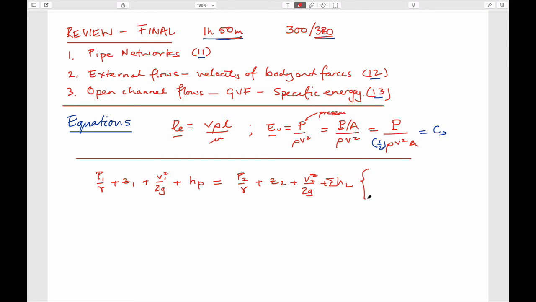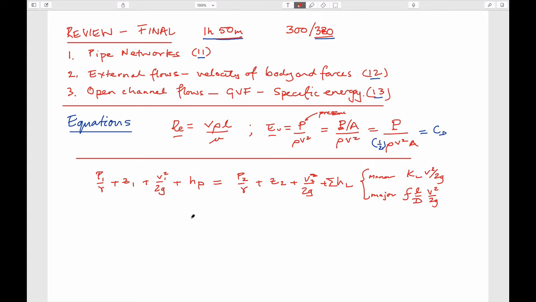And the losses fall in 2 categories, I guess, right? The ones which are minor, which are given by a loss coefficient times v squared over 2g, and the major losses are small incrementally, but as they sum, are a friction factor, a length, a diameter, and a velocity squared over 2g term.